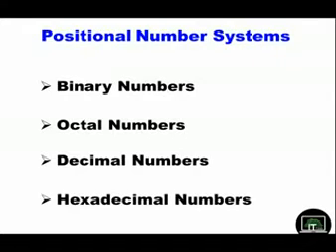Last, hexadecimal numbers, which use 16 different symbols. So we are discussing 4 number systems: binary with 2 symbols, octal with 8, decimal with 10, and finally hexadecimal with 16 different symbols.